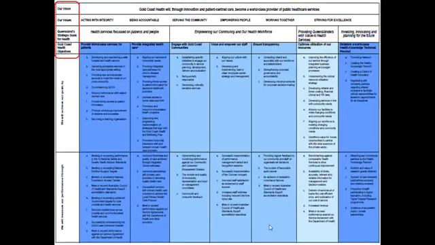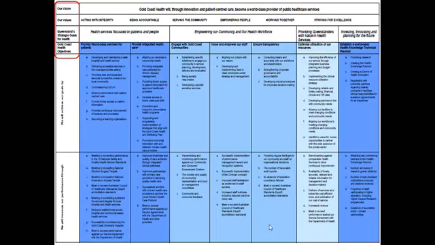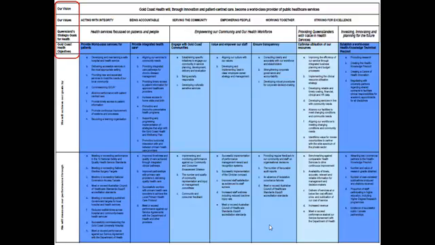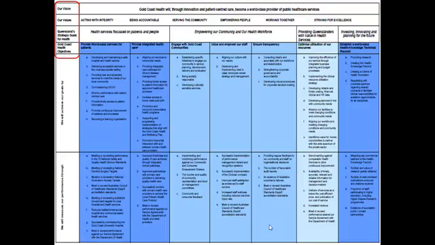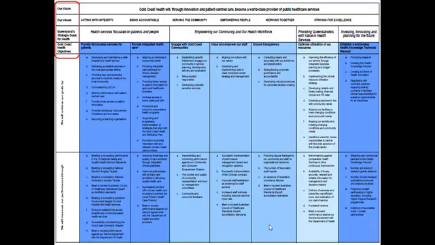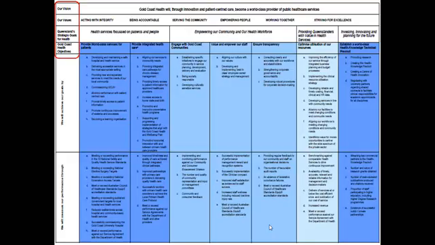Now what's interesting is the next couple of pages. I think they managed to squeeze a lot of information in here. At the upper left hand corner, they have a vision. The vision is that Gold Coast Health will, through innovation and patient-centered care, become a world-class provider of public healthcare service.